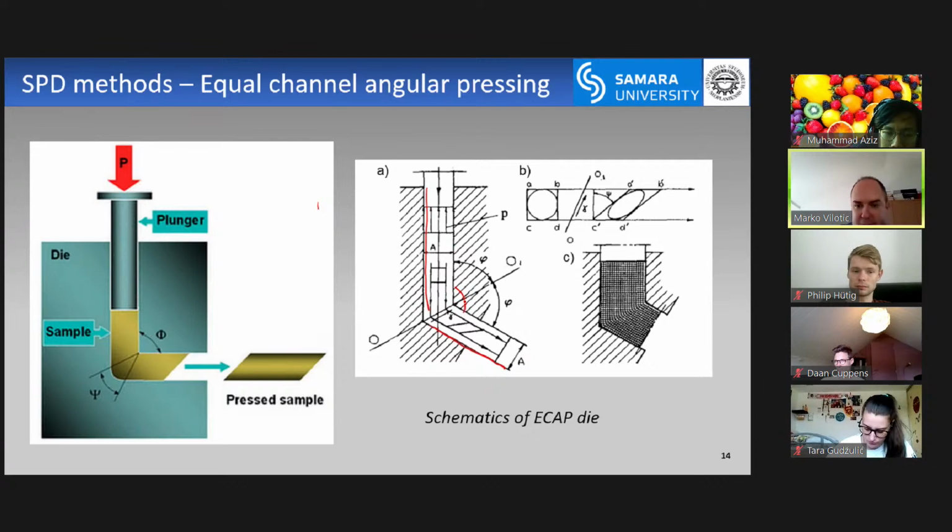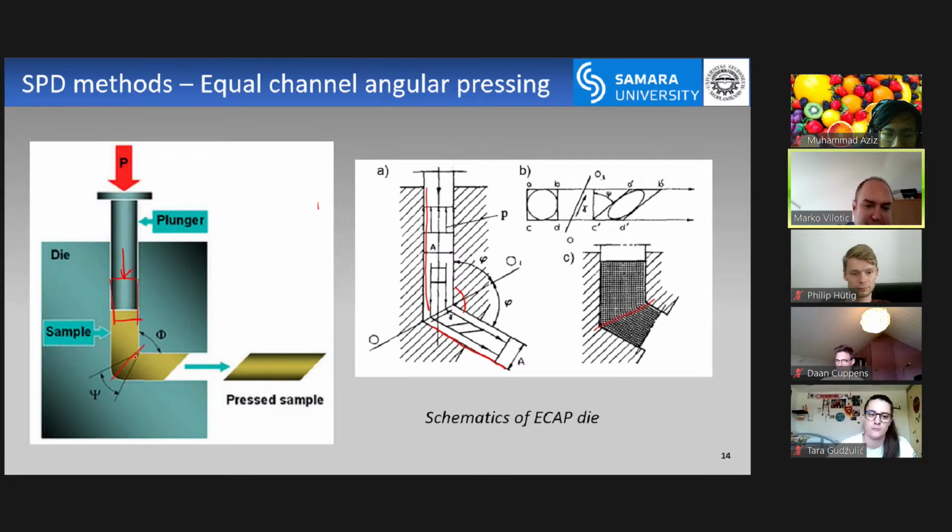Here's 90 degrees, here's maybe 120. And it's called pressing because you put the sample, which can have this shape, and then you press it through this channel. Once you press it, it will pass through this intersection plane.